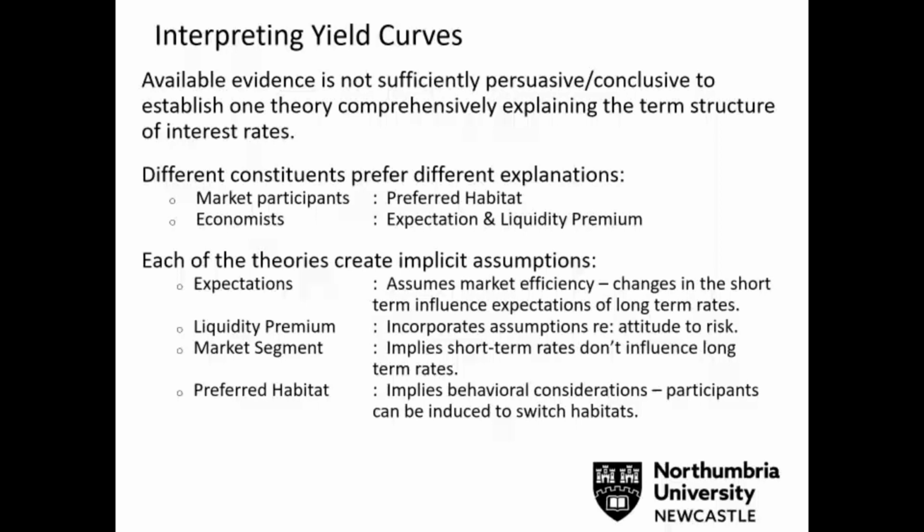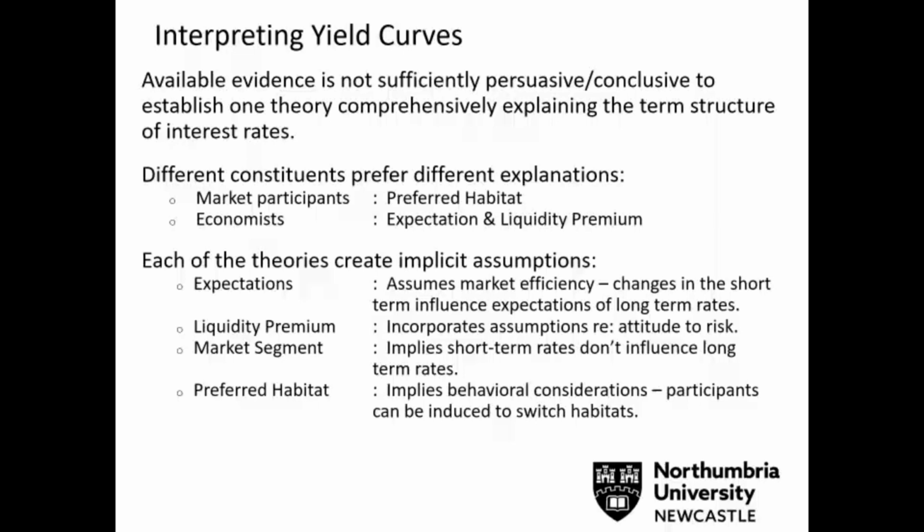So each different theory has different assumptions, and this is what we need to be cautious on when we're looking at economics or behaviour. So expectation theory, very economical, rather mathematical. Liquidity preference assumes that a level of risk appetite is involved, so it is economic, but we assume some sort of risk appetite, the fact that investors are naturally risk averse.